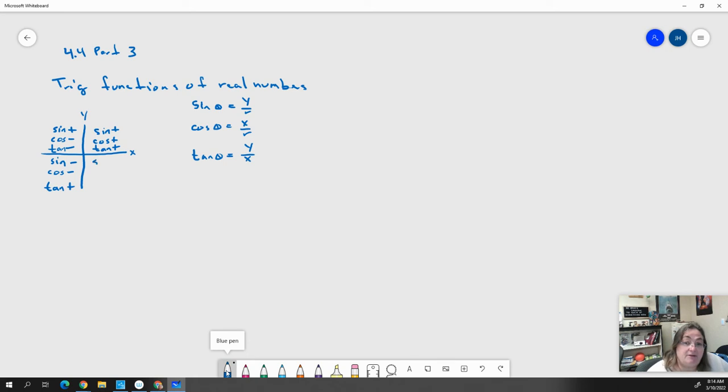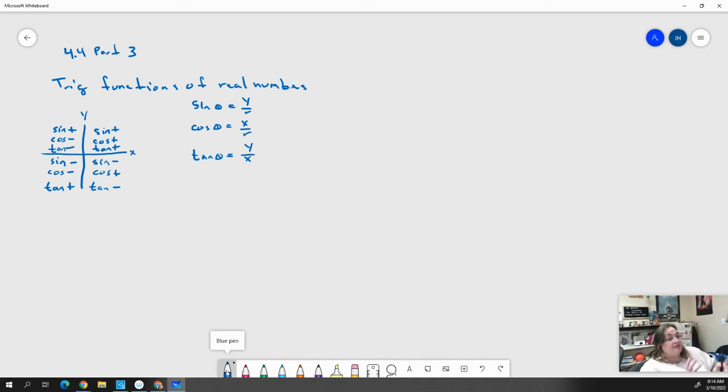If we look over here, sine is y, and y again is negative. Cosine is x, and x on this side is positive. And tangent is sine over cosine, which would be negative.